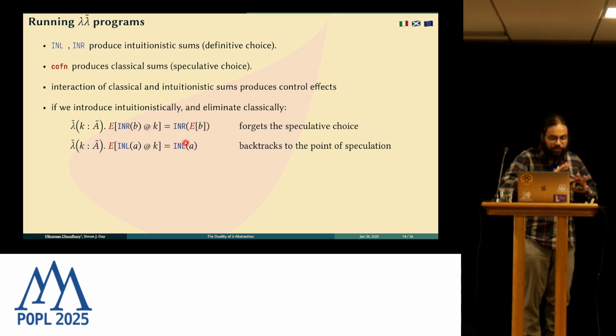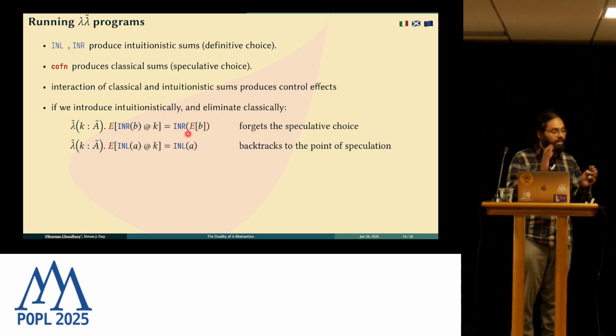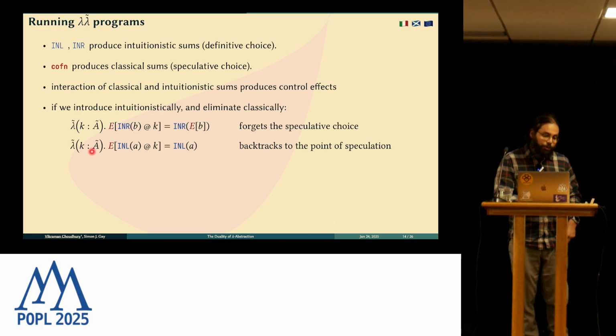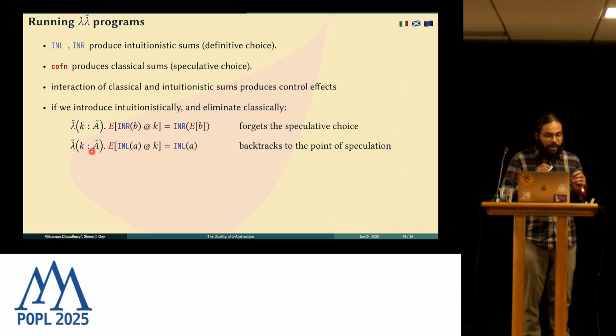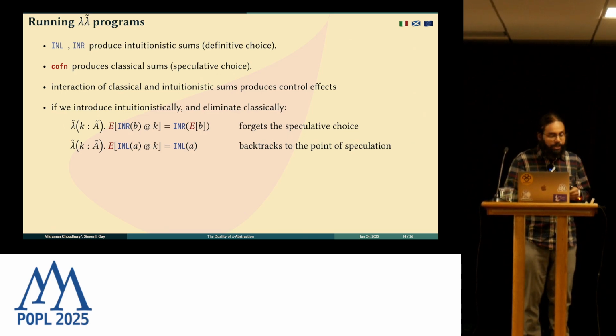And then, just forget the lambda bar, and it just goes back to in right outside. Okay. And what if you do the other thing? So you assume A bar is not true, but inside the body of your co-function, you realize actually A is true. And then it's going to jump out and backtrack to the outside. And during that jumping effect, it's going to forget the evaluation context.